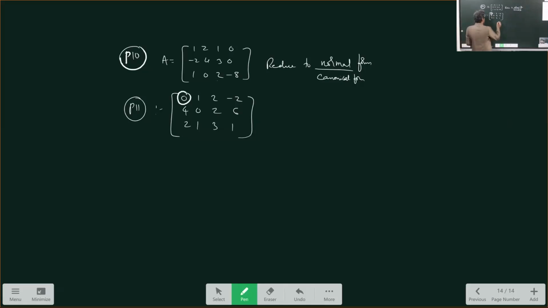So first I need to interchange R1 and R2, otherwise R1 with R3. Use anything, make a non-zero entry there, then go on and apply the process. That is a hint.